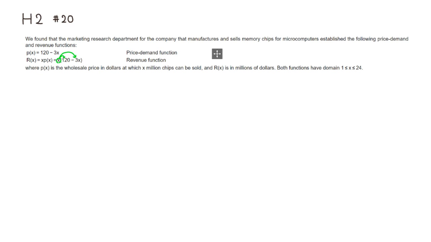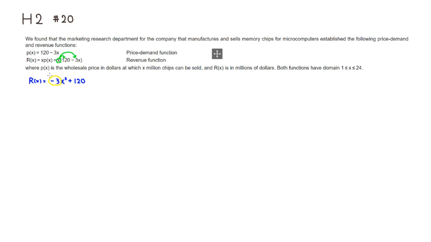Revenue function R of x is equal to, I'm going to write the second term first: x times negative 3x would be negative 3x squared, and plus x times 120, so 120x. We notice that the leading coefficient is negative, which means that the parabola should be facing down.